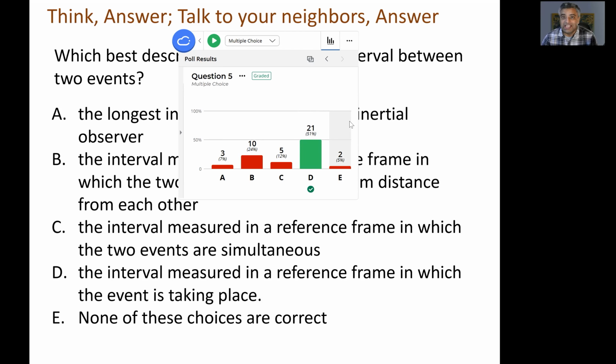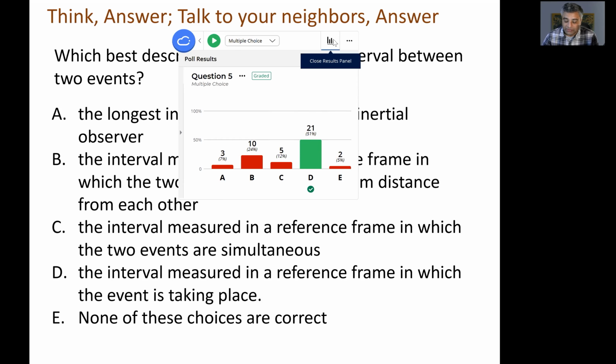So the clock has to be at the same place, in the same moving frame where the event is happening, okay? The time measured by the clock in the same frame of reference where things are happening, or let's say the observer is also right there observing that time, that's the proper time.